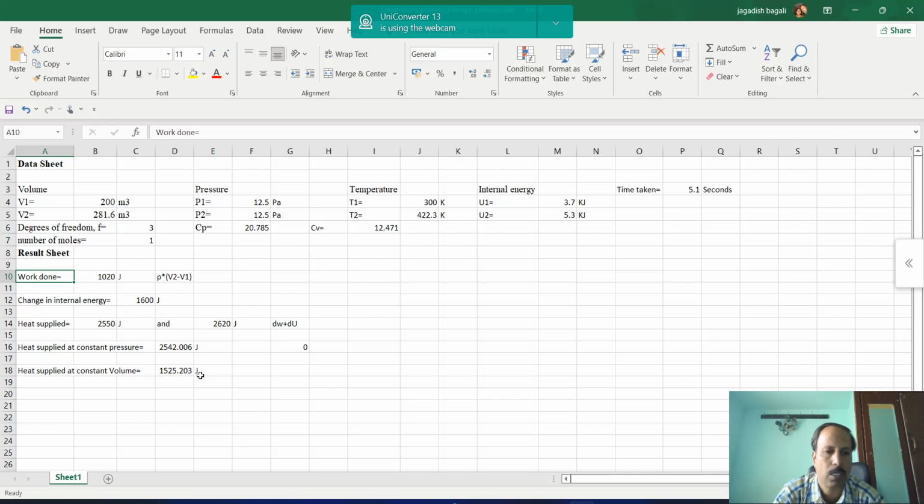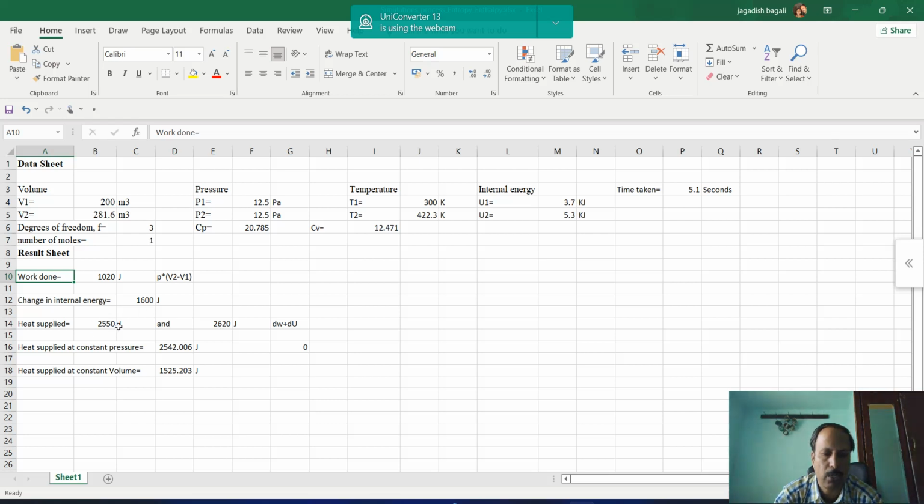Now you can see here, since this is a constant pressure process, the heat supplied should be equal to the heat supplied at constant pressure, or change in enthalpy. You can see here, this is the heat supplied, and this is also the heat supplied value. I have calculated the heat supplied using two different sets of data.